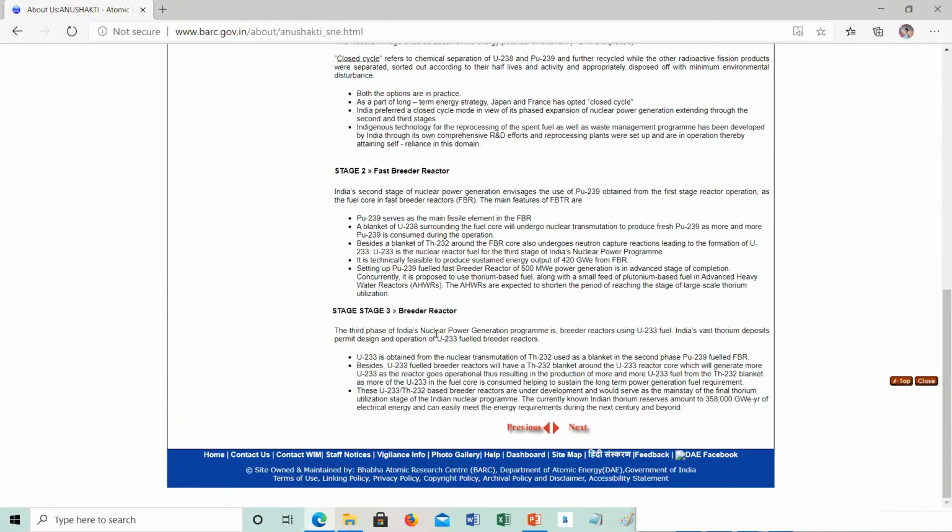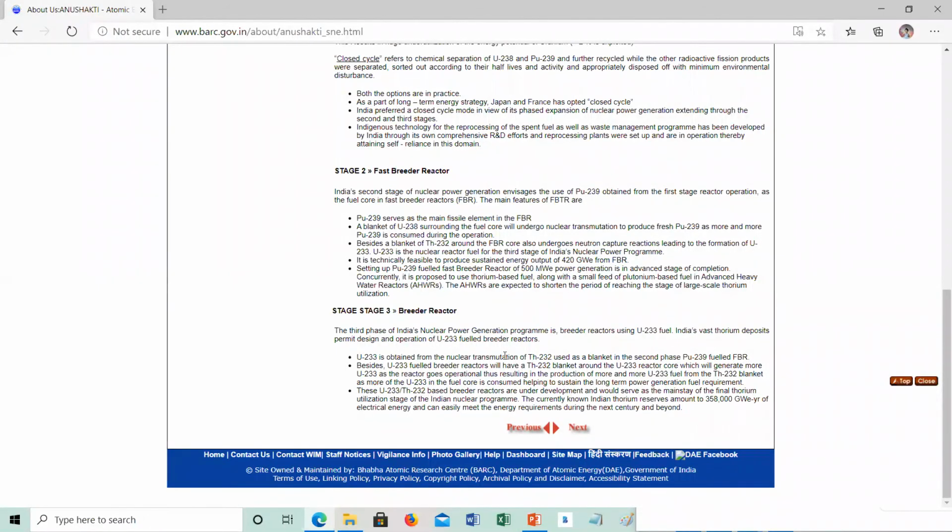Along with uranium-233, one extra material, thorium, can be used as a fertile material. Why is this 3 stage program designed? Because India has very large deposits of thorium, and it cannot be directly used.